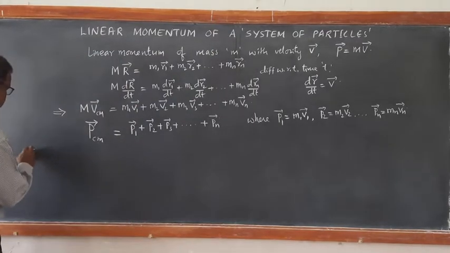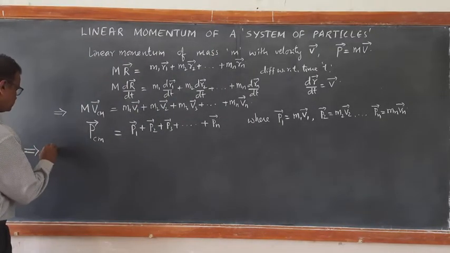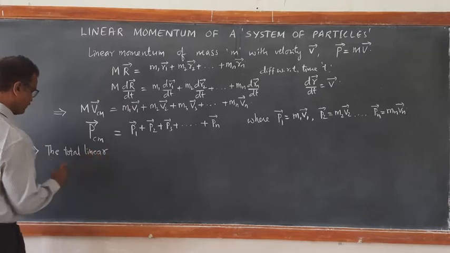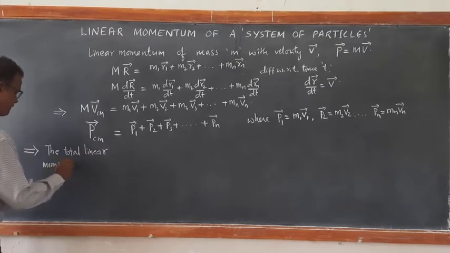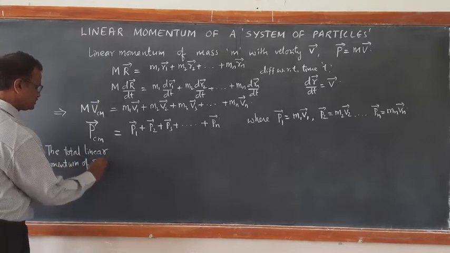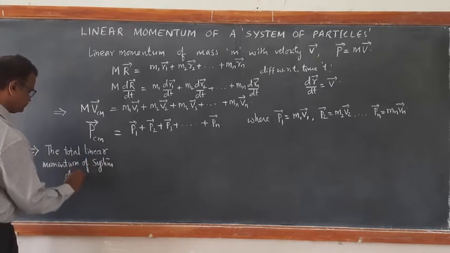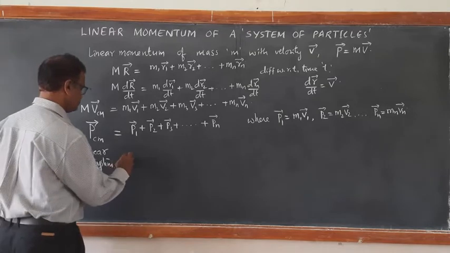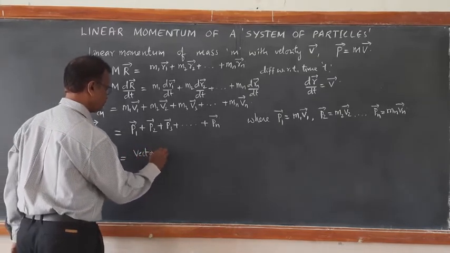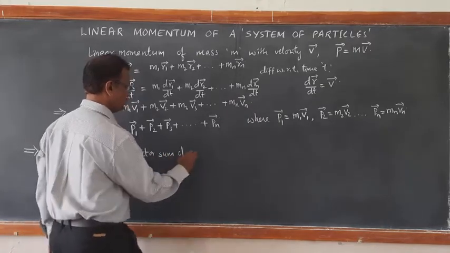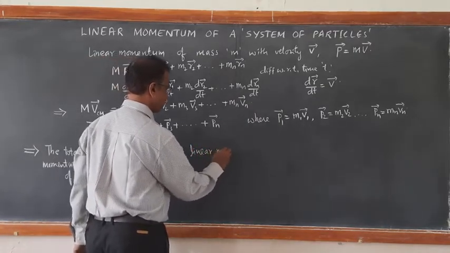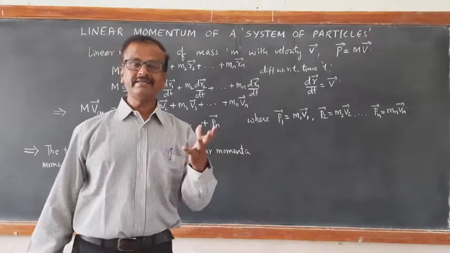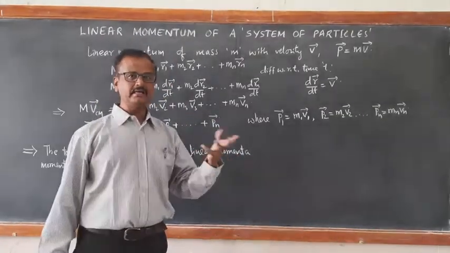So the total linear momentum of a system of n particles is equal to the vector sum of the linear momenta of all individual particles. Momentum is singular, momenta is plural.